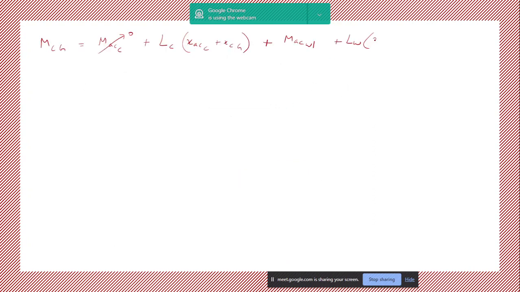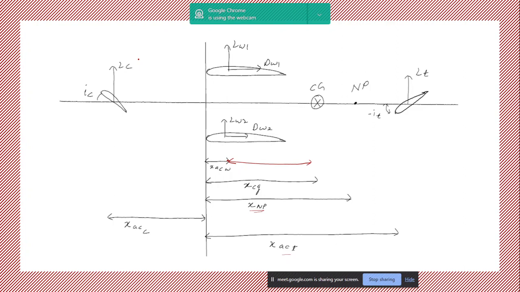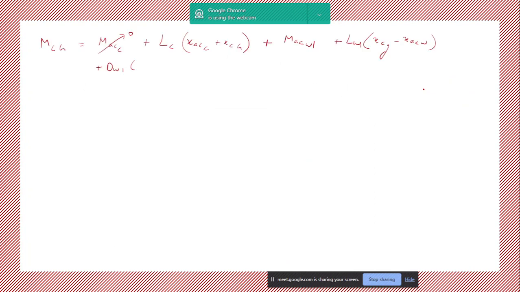So it is XCG minus XAC wing. This is lift 1, and then you have a drag force, plus drag wing 1 into, let's take this quantity to be ZCG, both up and down. So DW1 into ZCG.